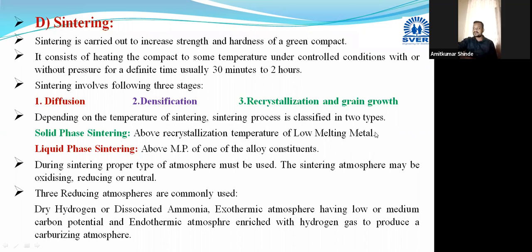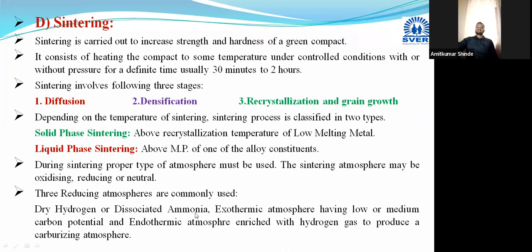Suppose A and B metals are here, A metal having a 300 degrees Celsius melting point and B metal having a 500 degrees Celsius melting point, and our recrystallization temperature is about 200 degrees Celsius or 150 degrees Celsius. Then only plastic deformation of metal A will occur. It does not melt. In this way these two sintering methods are there, solid phase sintering and liquid phase sintering.